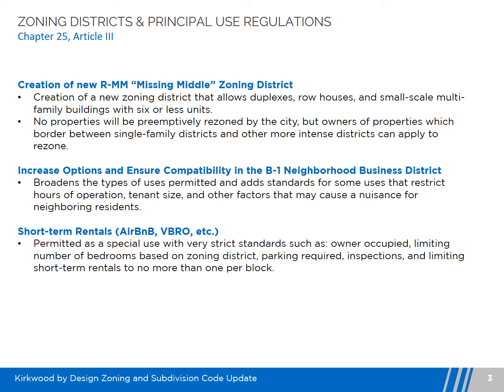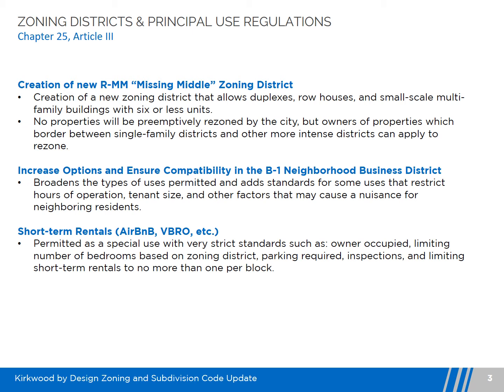Another major change is the idea of short-term rentals. Some people call them Airbnb or VRBO. There are all different kinds of companies that do this. It's really just a newer version of a bed and breakfast, which you've had in place, at least in the past. So the current language proposes allowing these as a special use, which again is one of those more challenging approval processes.